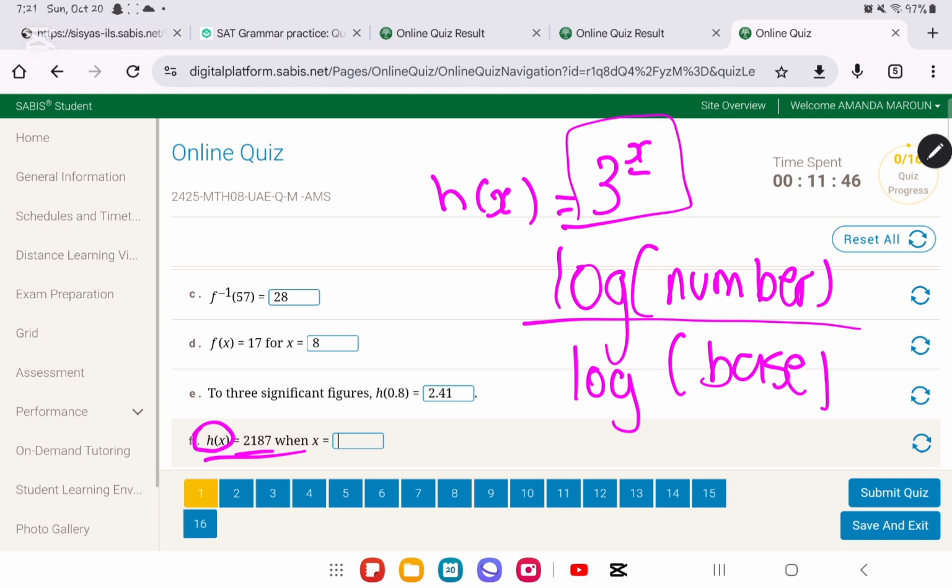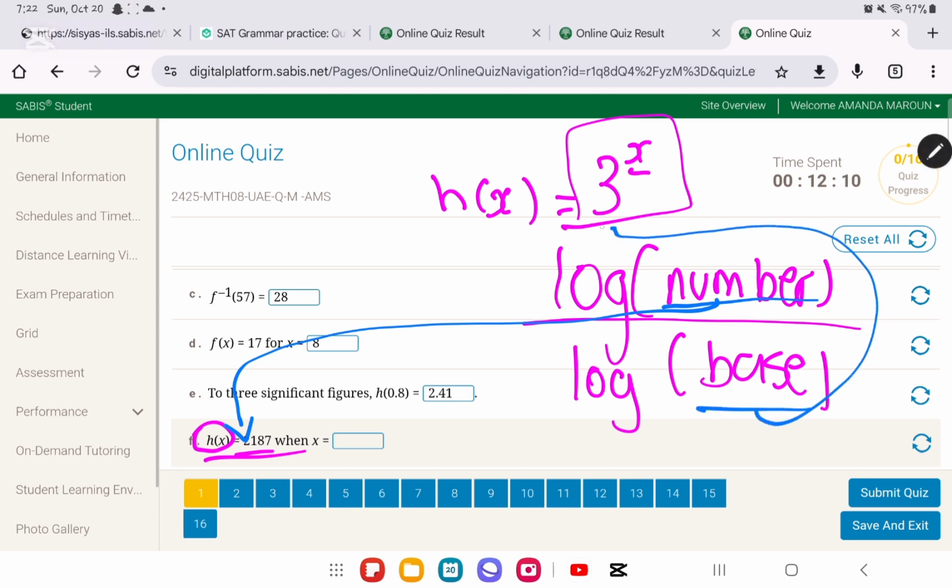What do we mean by log number? On the calculator, you will see that there is something called log, okay? You will click on it, it will open one part of the bracket. Now you put the number. Which number? You put this number that the function x is equal to. So you put 2187, okay? Then you put it over log the base. What is the base? The base is 3 and the exponent is x.